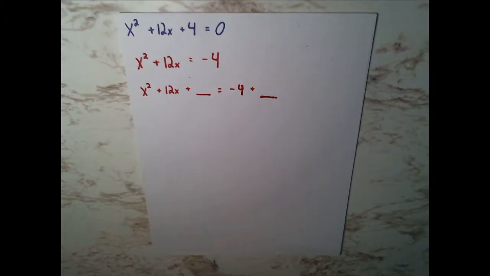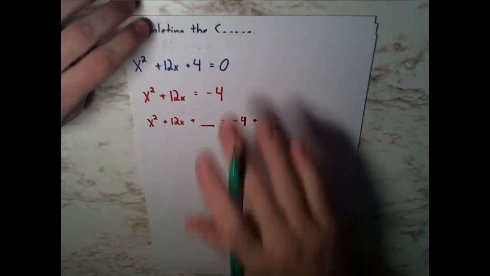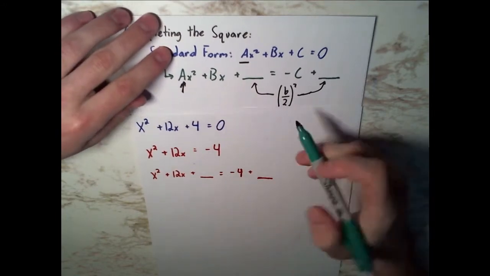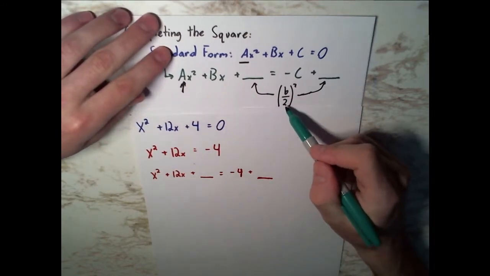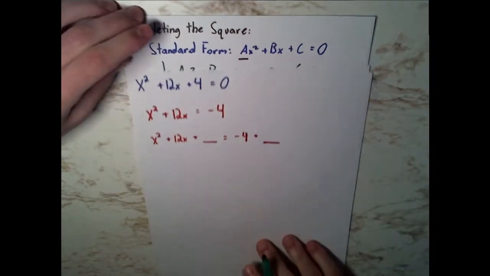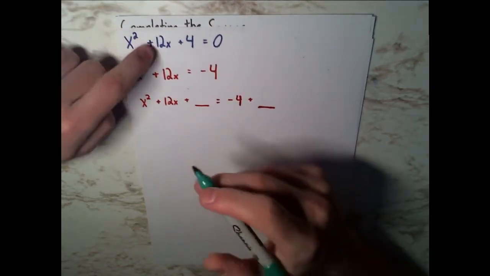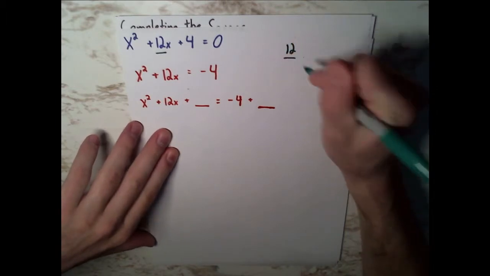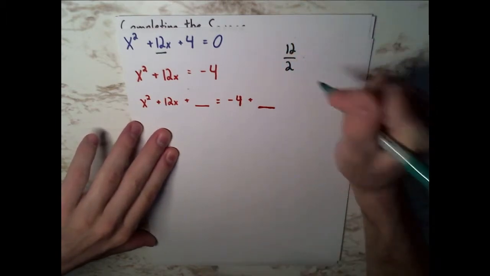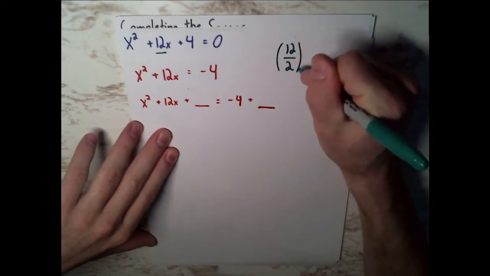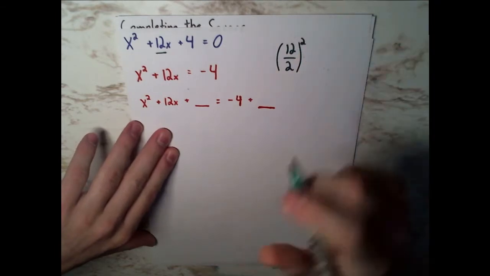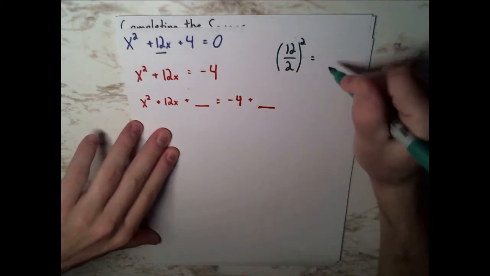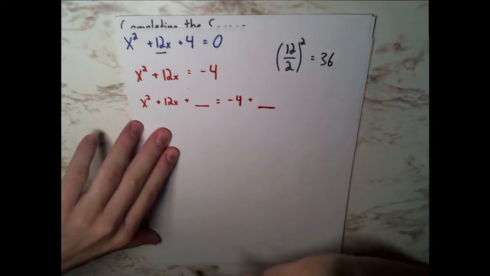We know from this page that in this blank we're going to put b cut in half squared. Our b term is 12 here, so there's our b. We're going to take 12, cut it in half, and square it. So 12 over 2 is 6, and 6 squared is 36.